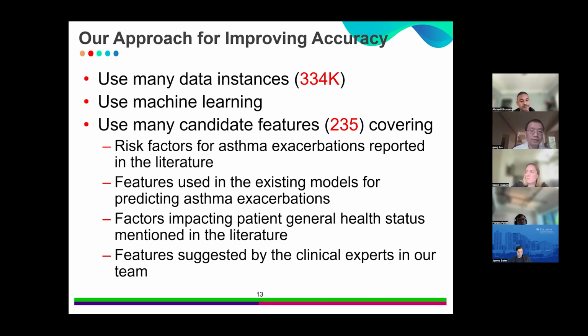And third, we use many candidate features, over 200 of them, covering various aspects, such as risk factors for asthma exacerbation reported in the literature, features used in the existing models for predicting asthma exacerbations, factors impacting patients' general health status mentioned in the literature, and features suggested by the clinical experts in our team. Again, the number of candidate features we consider is one order of magnitude more than what has ever been considered in the previous models.